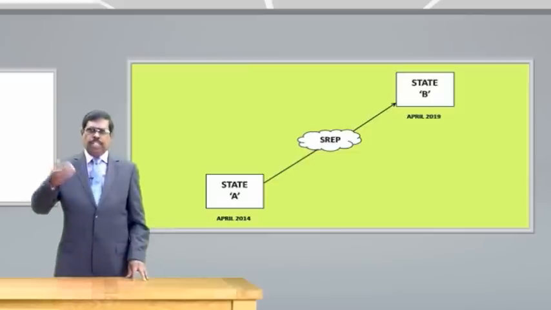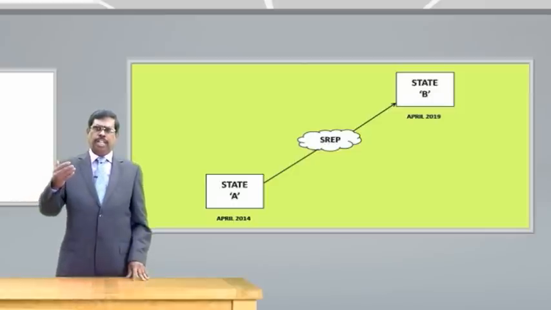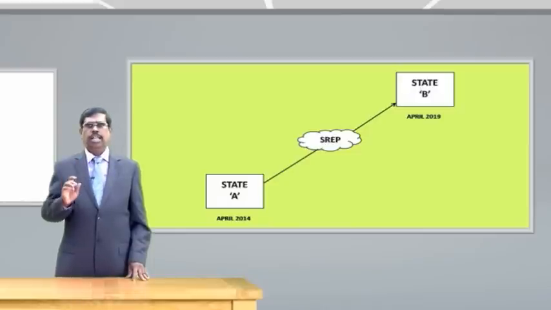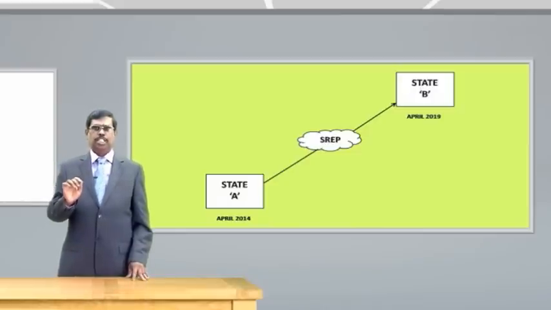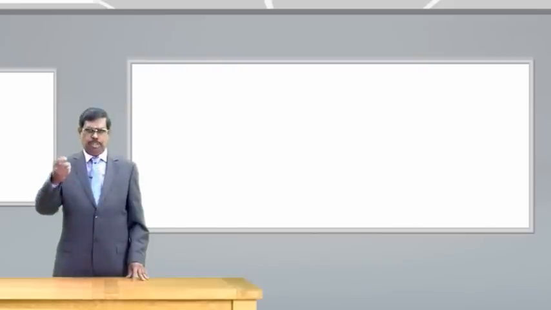Then after 5 years from now, from April 2014 to April 2019, we need to define state B, that is where we want to go, how we want to develop the district, in what aspects the district should develop. So, that definition has to be done, that is state B, and to move from state A to state B we need a vehicle, and that is what SREP, the strategic research and extension plan, is: nothing but a vehicle to move from state A to state B.